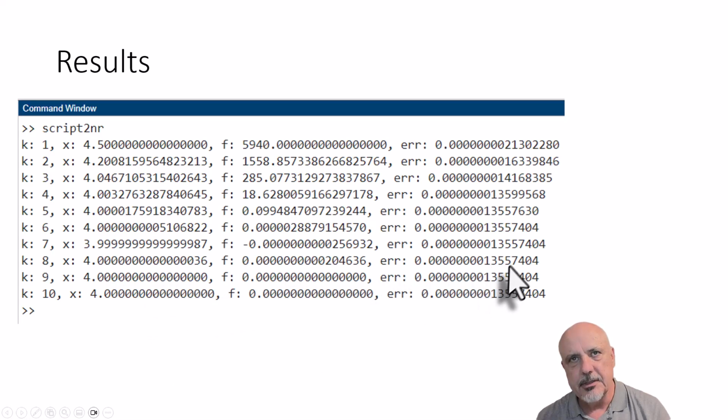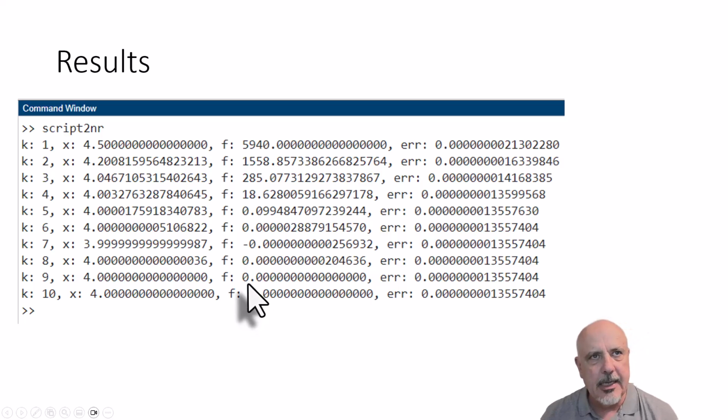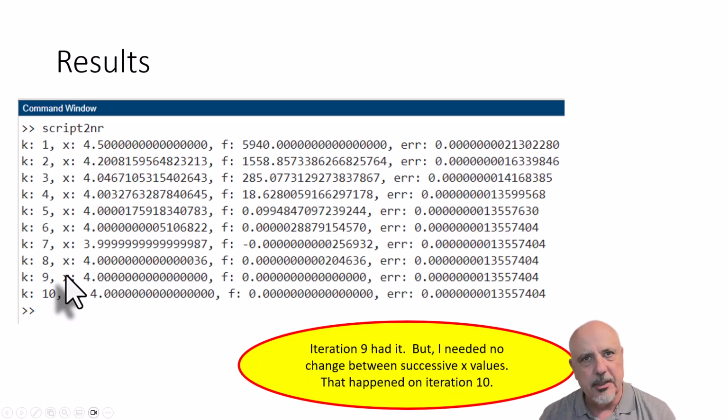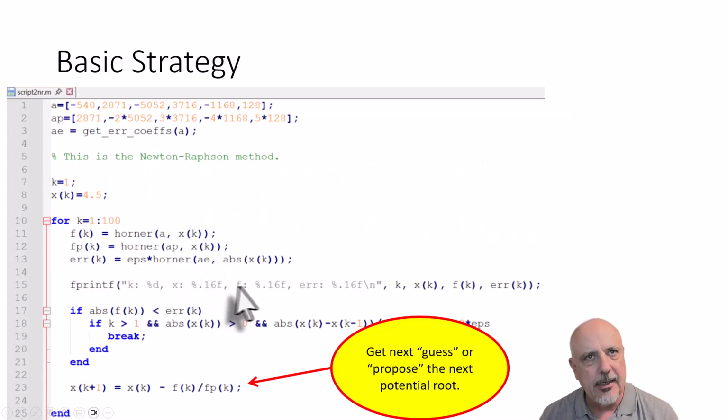So one thing to note here is that the 9th iteration really had it, right? But if you compare the 9th iteration of x with the 8th iteration of x, there's a difference of 36 out here in the 15th or 16th place. So it's not going to satisfy.